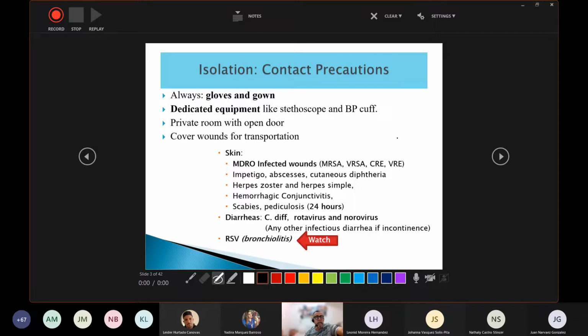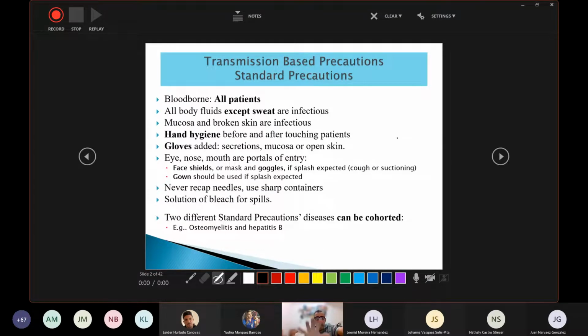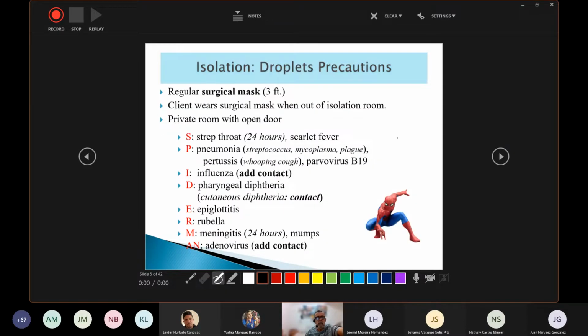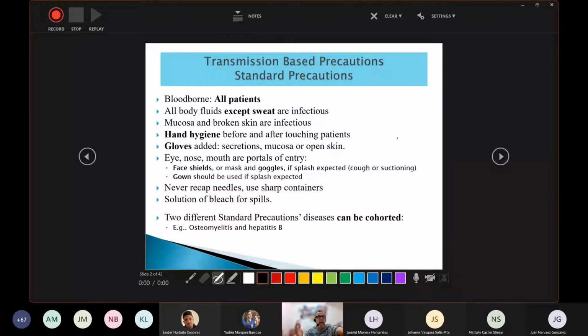The contact precautions, okay, so we said all diseases, infectious or not infectious, are standard precaution, but sometimes, added to the standard precaution, some infectious or contagious diseases require extra precaution. This second level of precaution can be contact, droplet, or airborne, and those extra precautions are added to the standard.